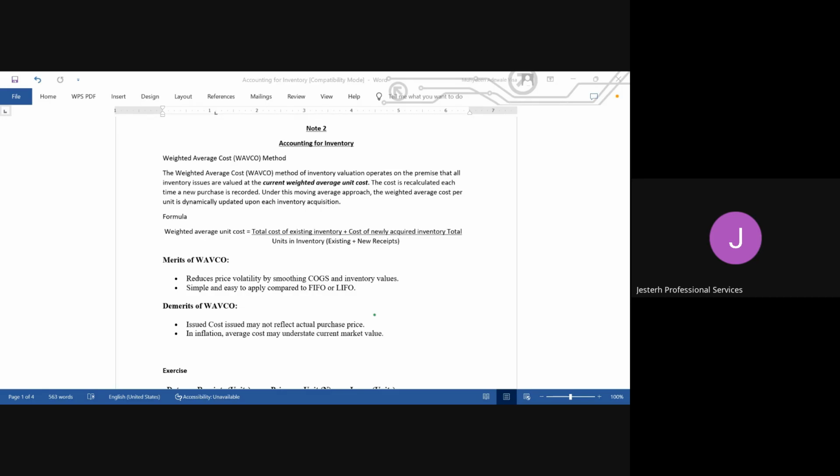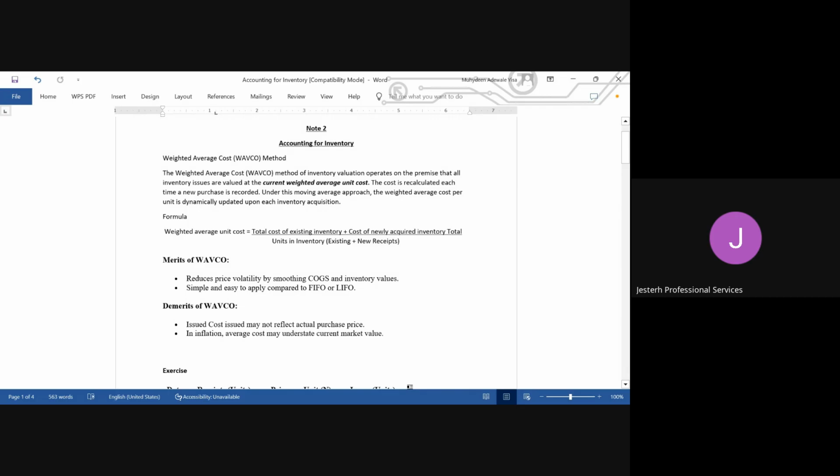Tonight, we are going to discuss the weighted average, and then we'll move to economic order quantity, while we explain briefly just in time, which is the last aspect of accounting for inventories. So in order not to take much of our time, I'm going to start, and I want everyone to pay attention very well.